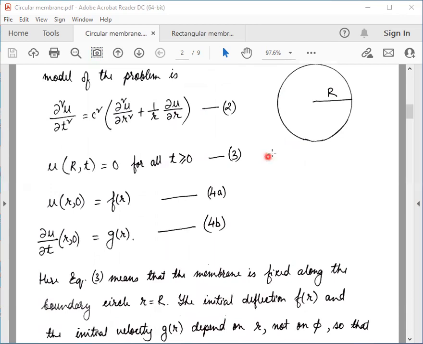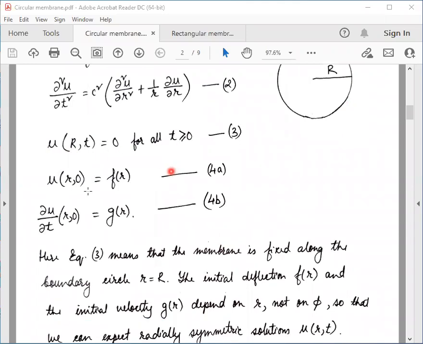And what are the boundary conditions? This membrane is fixed along the boundary. That means u at r equal to capital R is equal to 0 for all times. And this is the first initial condition. This gives the initial displacement and this gives the initial velocity.